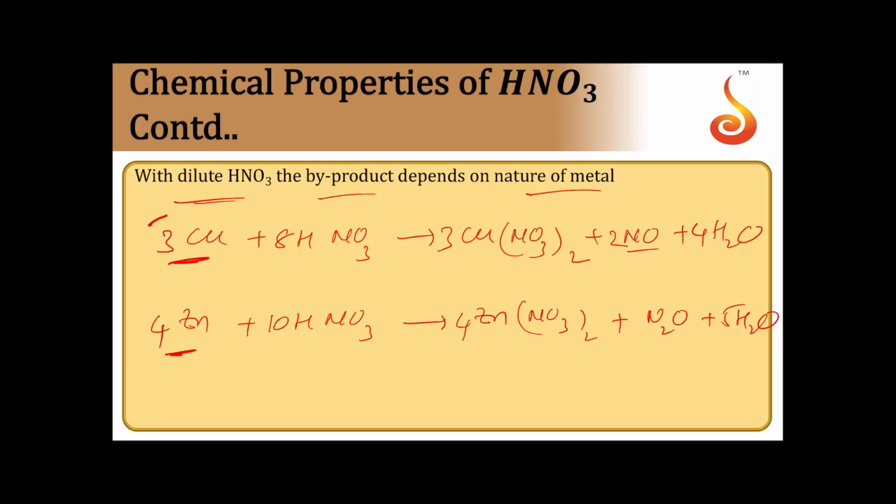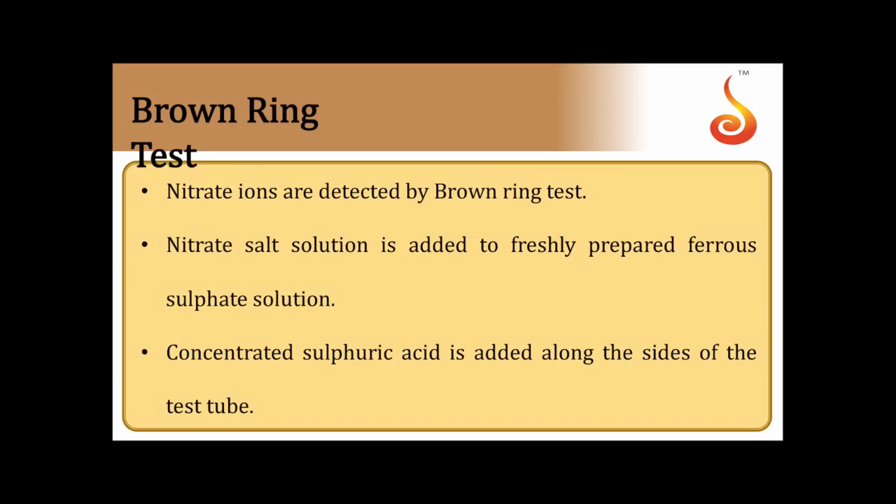So copper is giving NO with dilute HNO3, zinc is giving N2O with dilute HNO3. So with dilute HNO3, the nature of the product depends upon the nature of the metal being used.